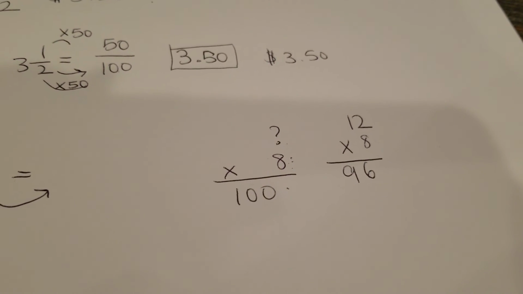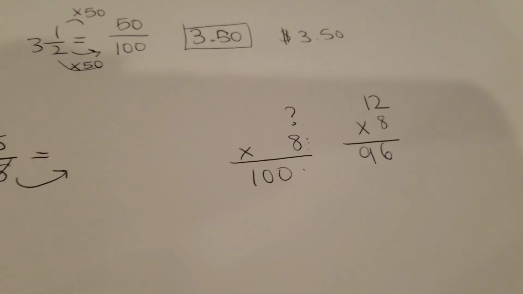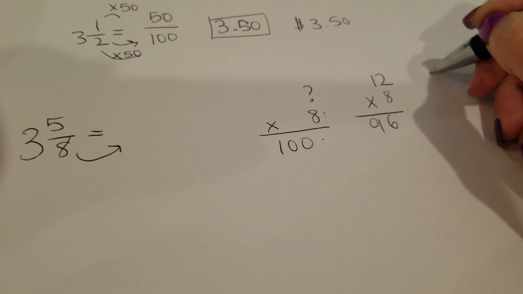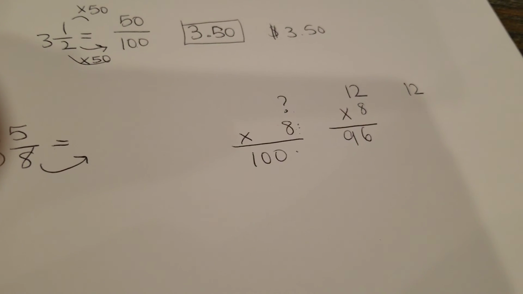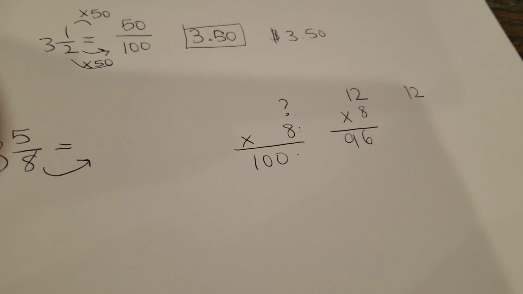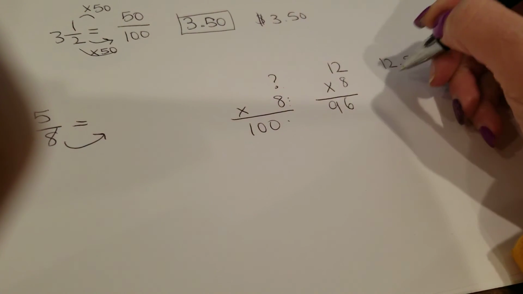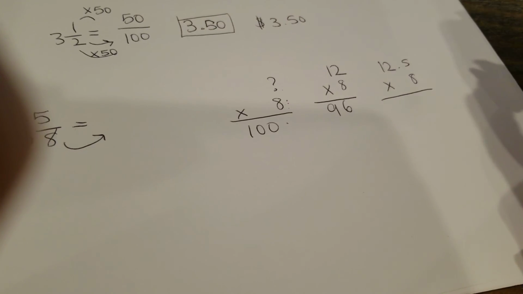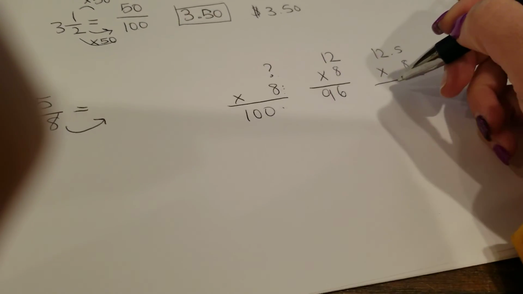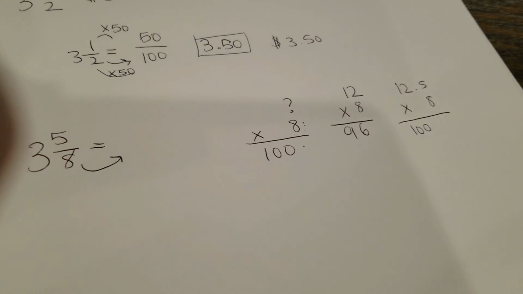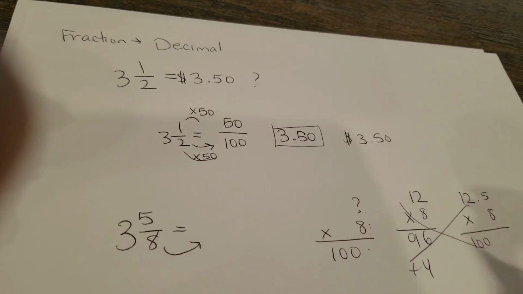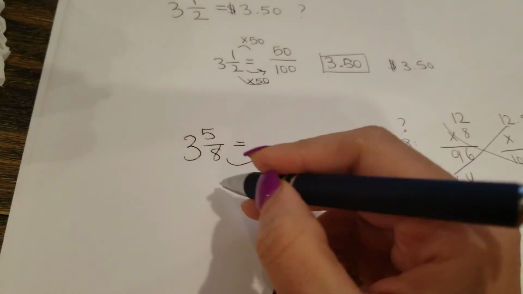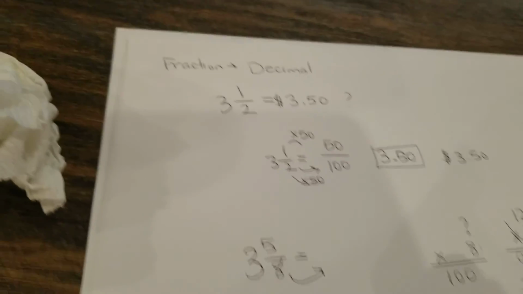A little bit more than 12 would make 100. If I do 12.5 times 8, which we're not going to get into right now, that would make 100, but you don't need to know that. So we're going to make 8 into 1,000.